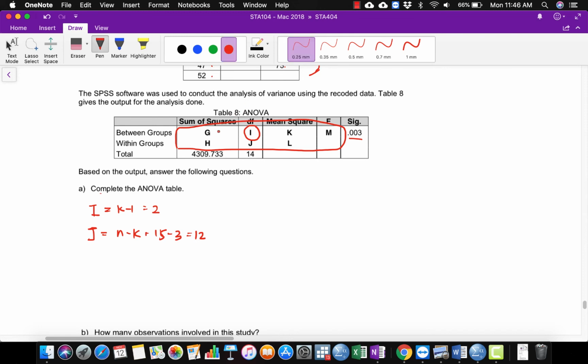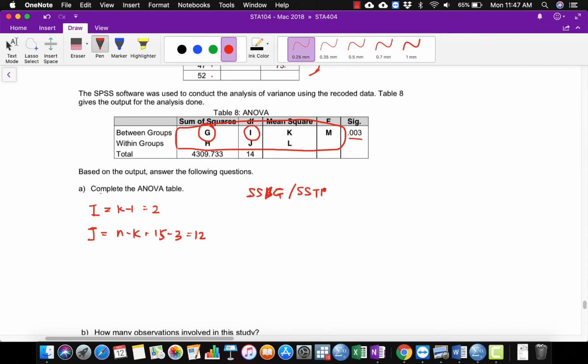Next, we want to find G, which is the sum of square between group, or in another way we can call it the sum of square treatment.